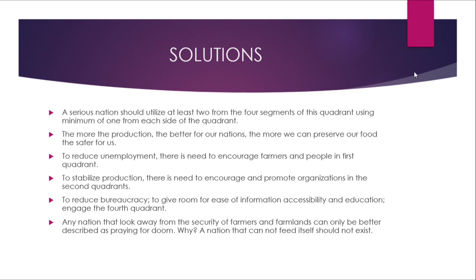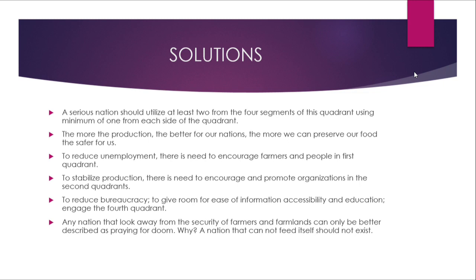Any nation that looks away from security of farmers and farmlands can only be better described as praying for doom. Why? A nation that cannot feed itself should not exist. Why should nations keep depending on other nations to feed them? Why should you have land and you depend on some other nations to feed you?